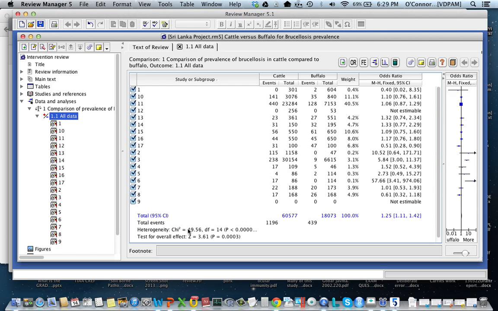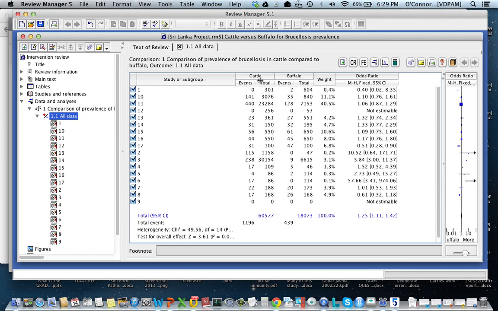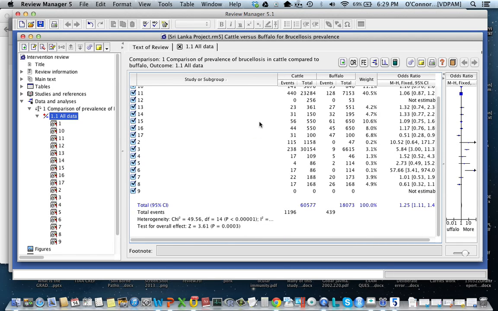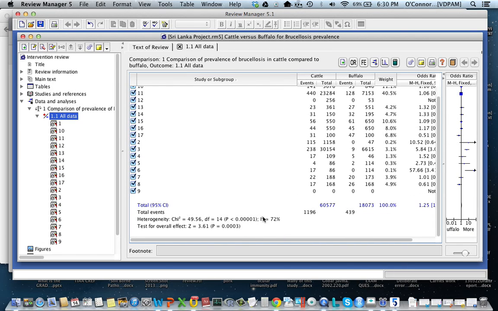Now, in this example, we're not able to calculate a summary effect measure because it would not be valid. We have evidence of heterogeneity. But that's only for when we have the odds ratio as the measure of effect. What happens if we change it to the risk ratio?